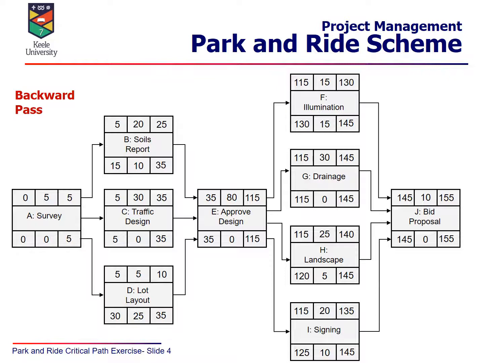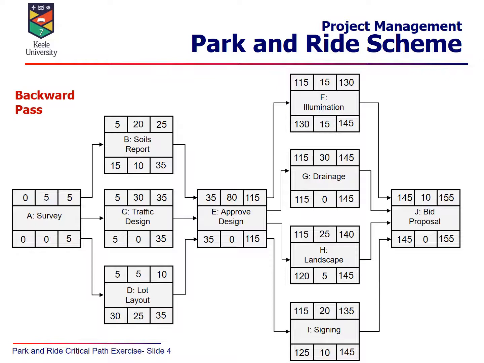So if we start with bid proposal, activity J, and we look at the latest finish time, we can see that the earliest finish time is 155. So we're going to think of that as the date when we want to actually finish the project as a whole. So we write 155 into the bid proposal in the bottom right hand quadrant. That's the latest finish time.